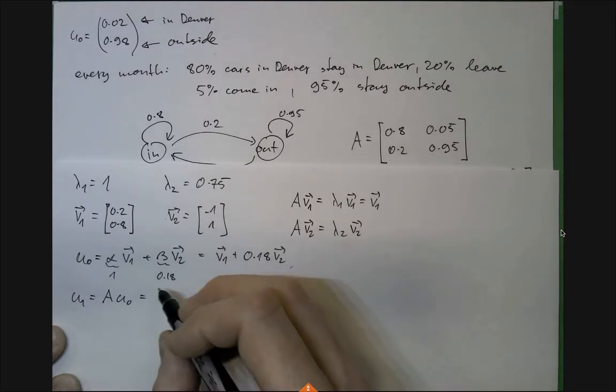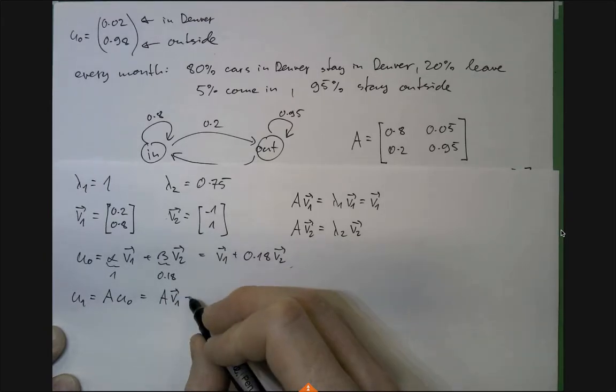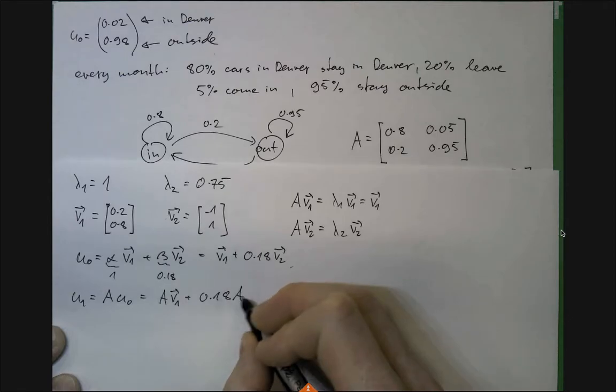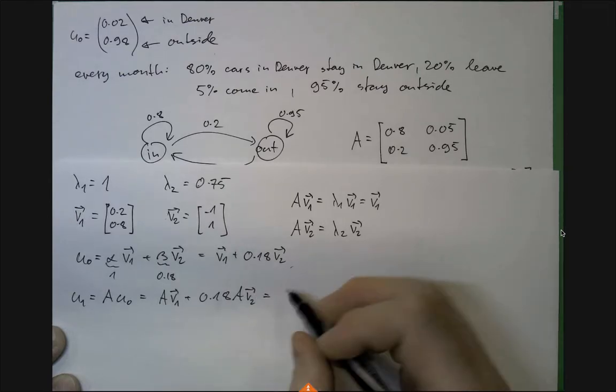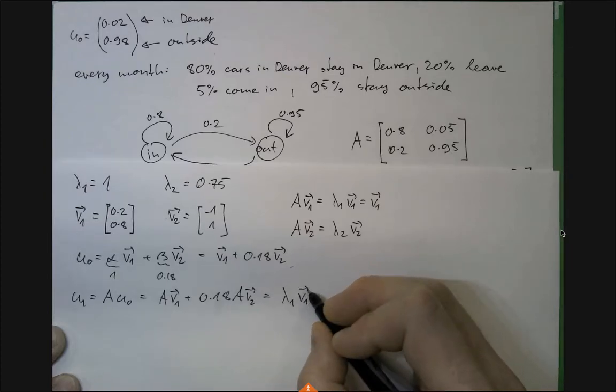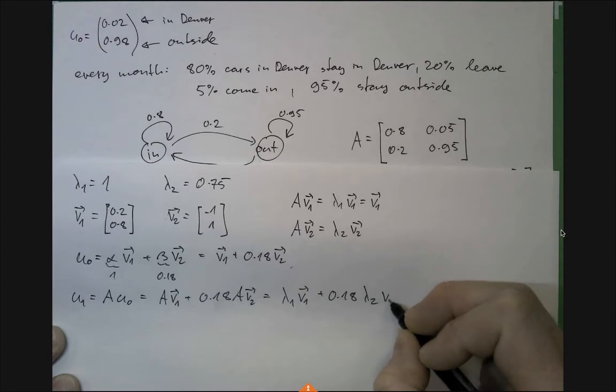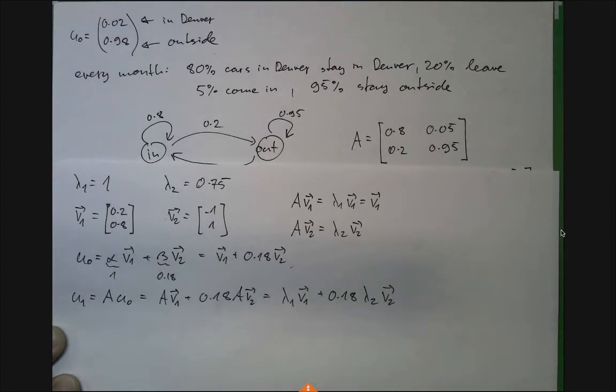So let me write it slowly: this will be A V1 plus 0.18 A V2. And because they are eigenvectors, this is nothing but lambda 1 V1 plus 0.18 lambda 2 V2, where lambda 1, we remember, is 1 and lambda 2 is 0.75, okay?